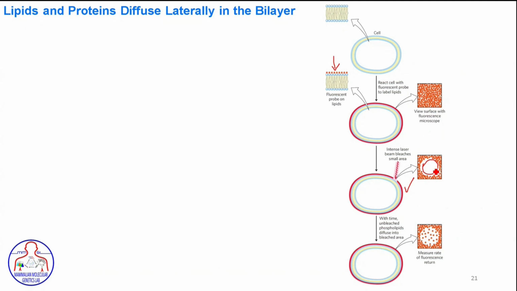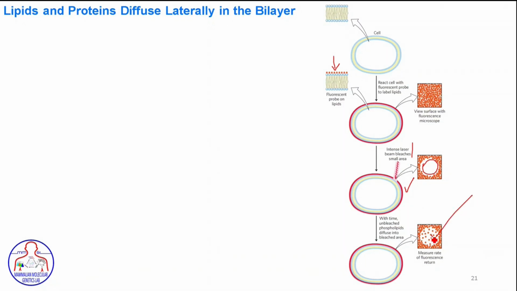This kind of bleaching can easily be seen by the microscope, but after some time, after impinging the laser, we let it grow for some time, and we can easily see that after some time all the fatty acids started covering the bleached place.